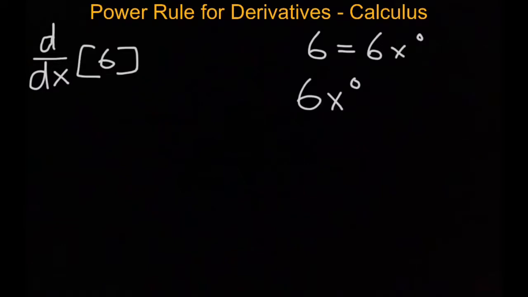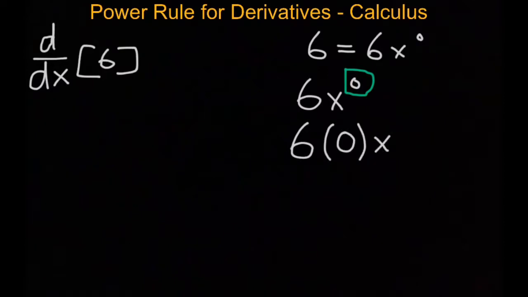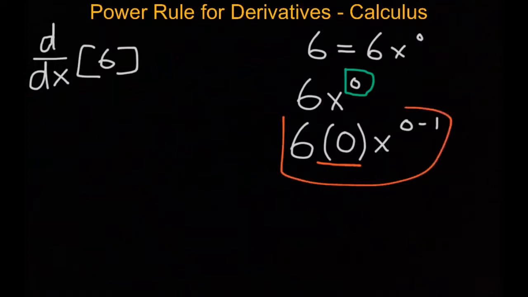So our n value in this case would be 0 right here. And so we can write it out like this. 6 times 0 times x to the power of 0 minus 1. So since there's a 0 here, this will turn everything here into 0.